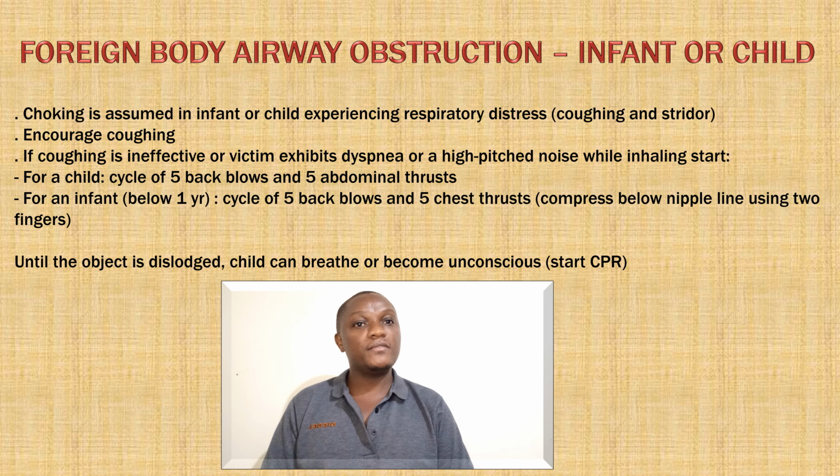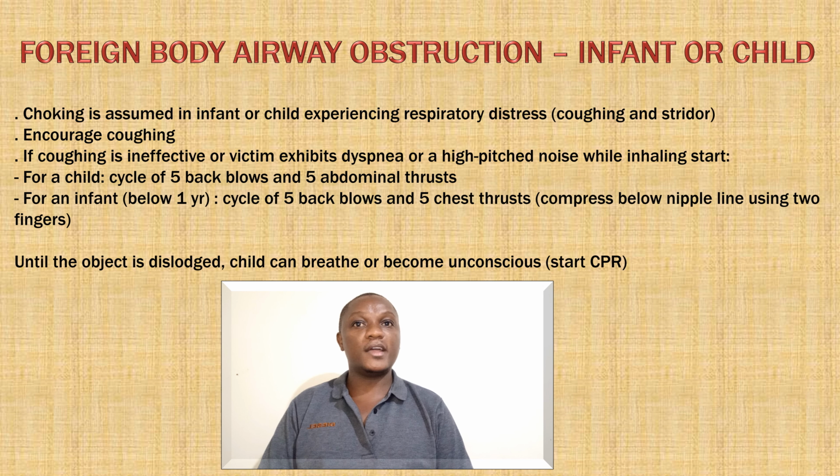But for an infant, it's the other way. That is below 1 year. If an infant is below 1 year, you will do a cycle of 5 back blows and 5 chest thrusts. And you are going to compress below the nipple line.